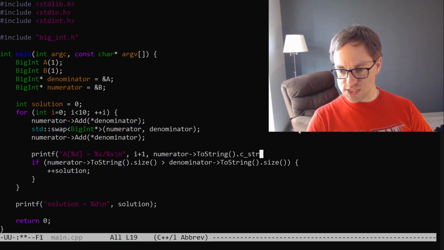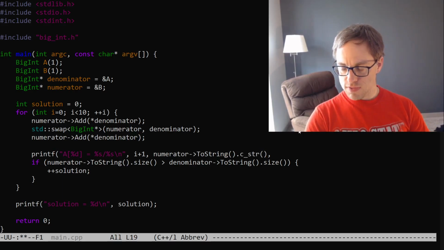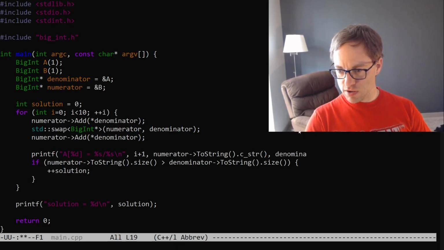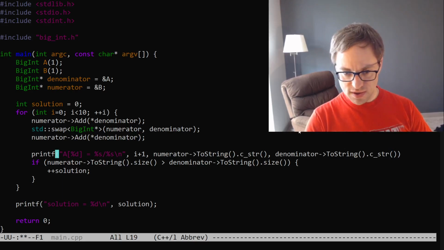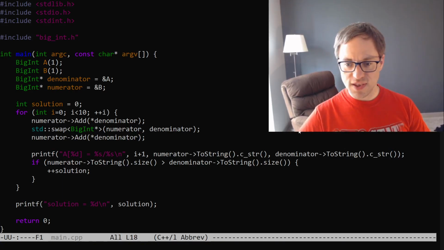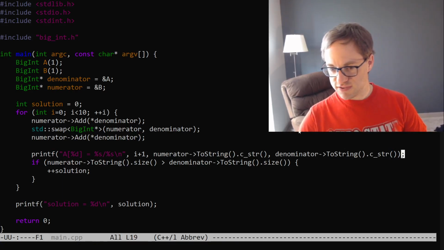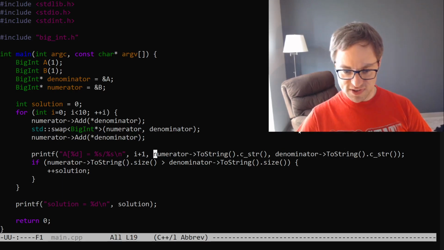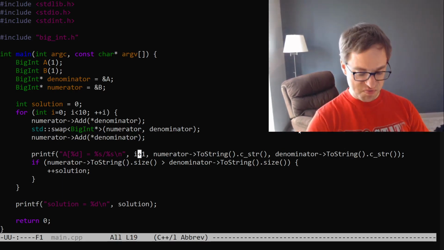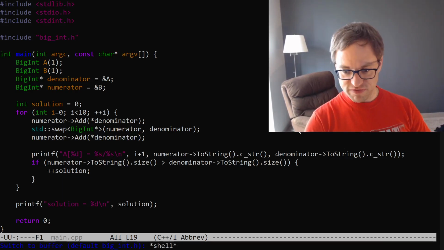We have to convert to a C style string, and then denominator toString dot cstr. Normally I would not have a line of code this lengthy, but it's just for demonstration purposes, and we'll be deleting it in just a moment, so I think it's probably fine.